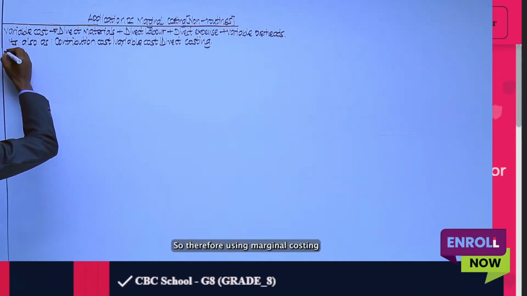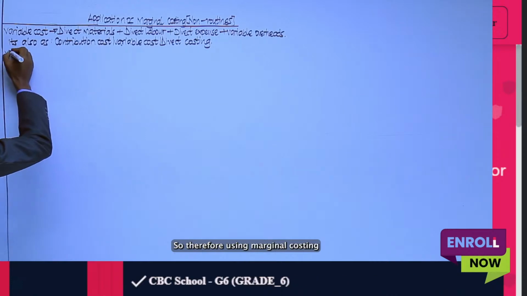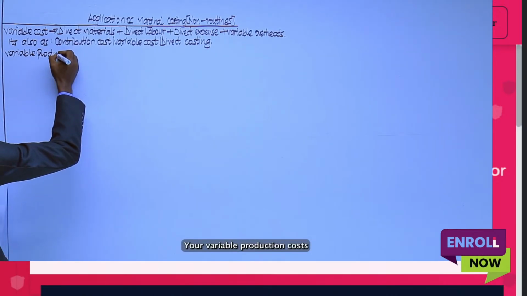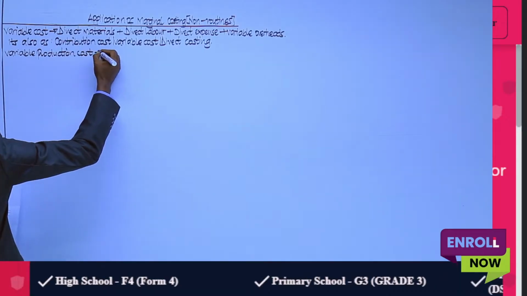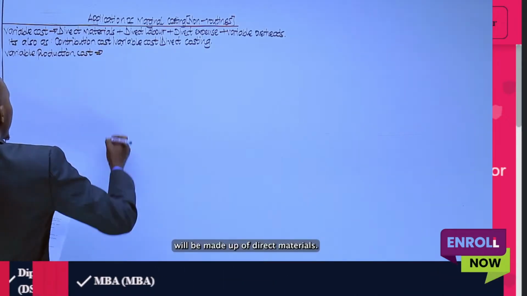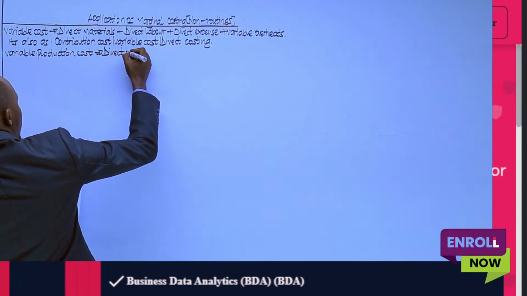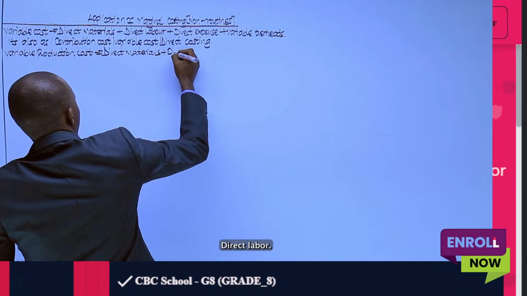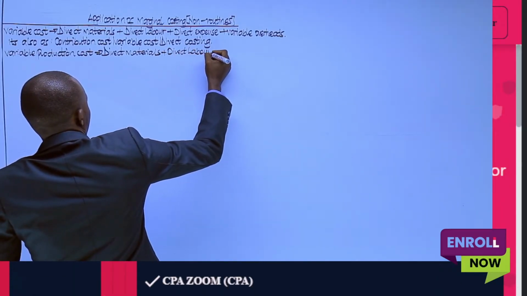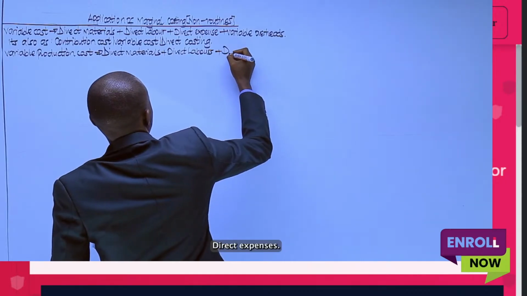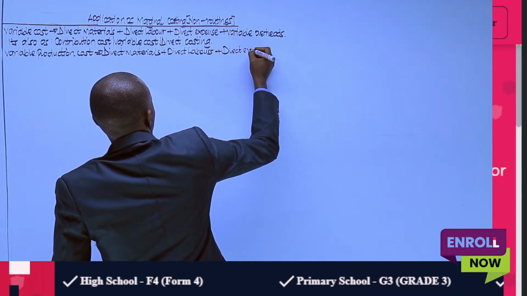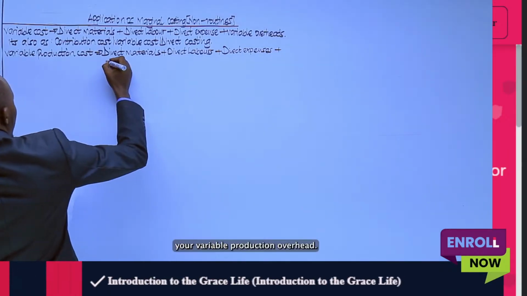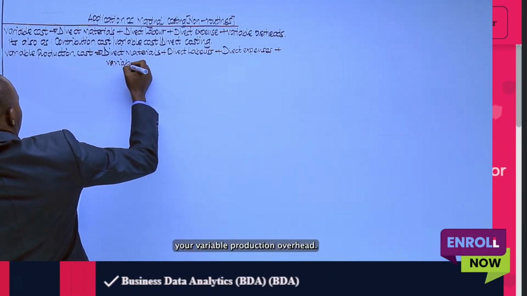So, using marginal costing, your variable production costs will be made up of direct materials, direct labor, direct expenses. Then you're also going to add your variable production overheads.